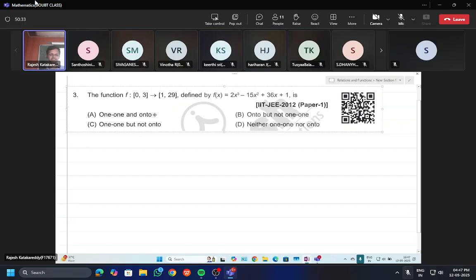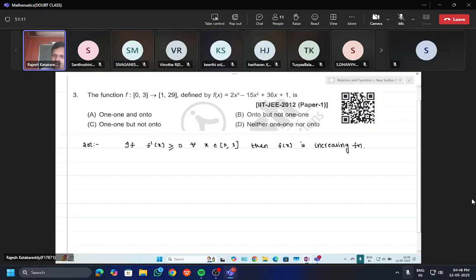First we will do the 1-1 nature of a function. Again listen, for the 1-1 nature of a function, we need to check whether the function is increasing or not throughout the domain. So if f dash of x is greater than or equal to 0 for all x belonging to the closed interval 0 to 3, then f of x is an increasing function. If it is an increasing function, then we'll call it a 1-1 function.